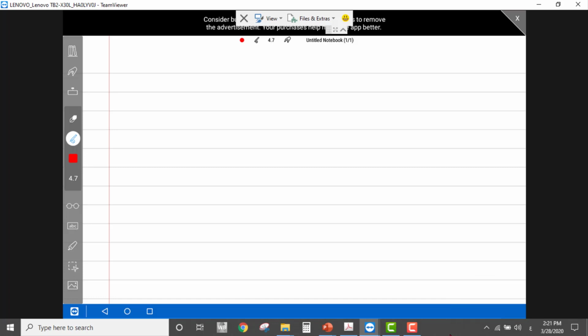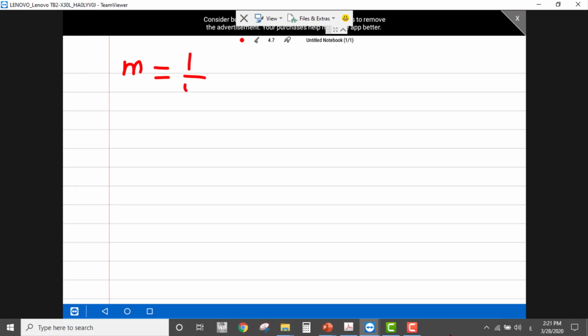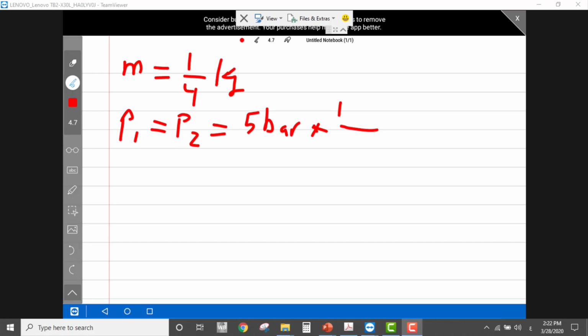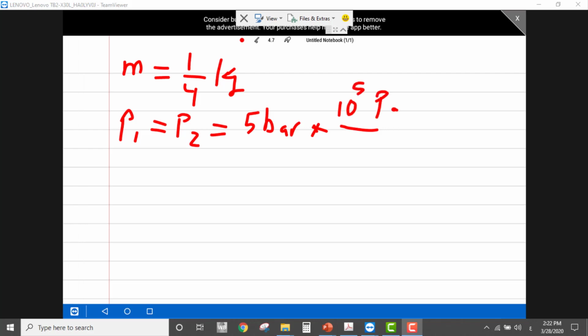So what do we have? We have mass equal to 1/4 kilogram. The process is at constant pressure, so P1 equal P2 equal to a constant value, equal to 5 bar. And if I wish to convert from bar to Pascal, every 10 to the power 5 Pascal gives us 1 bar.